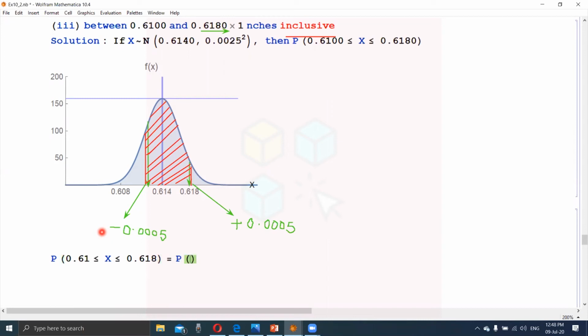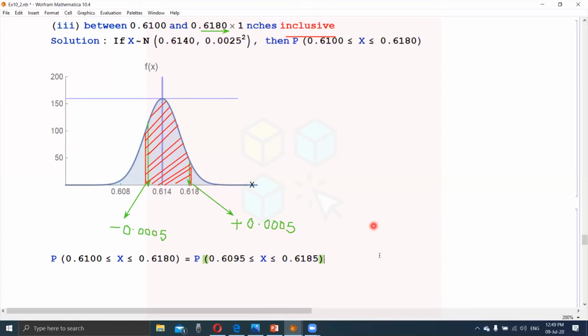After applying the continuity correction, we write it in 4 decimal places first, and then by subtracting and adding to these 2 given values, we have 0.6110 minus 0.0005, which is 0.6105 less than or equal to capital X, because we are not converting to Z yet, it's still in X. By adding the continuity correction to 0.6180 we have 0.6185.